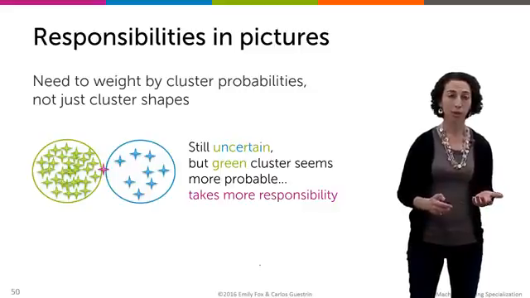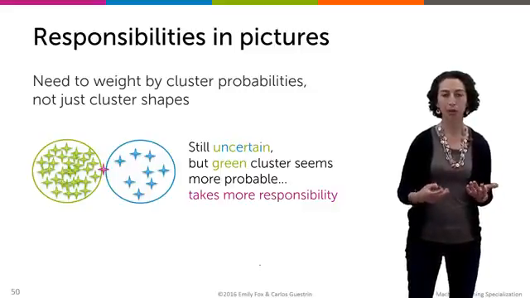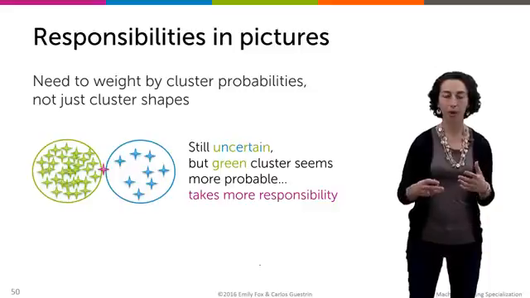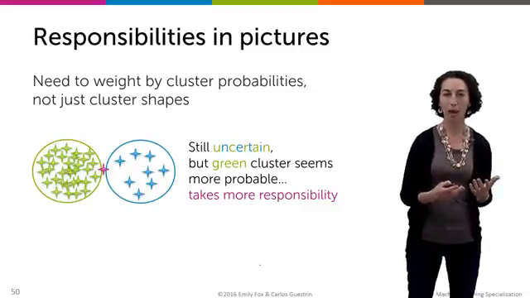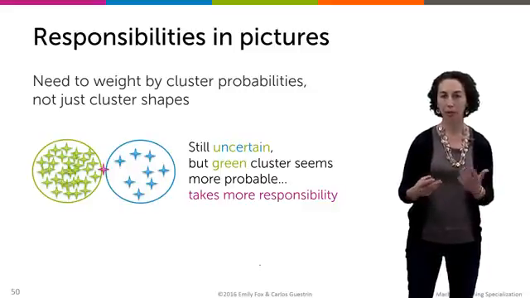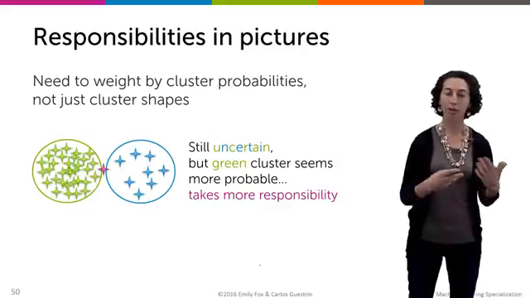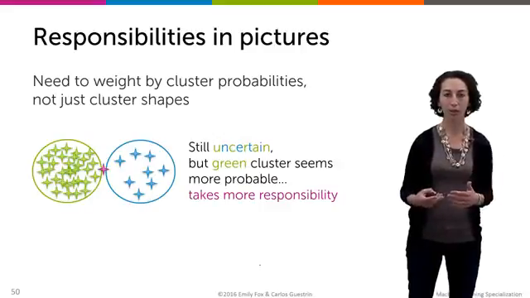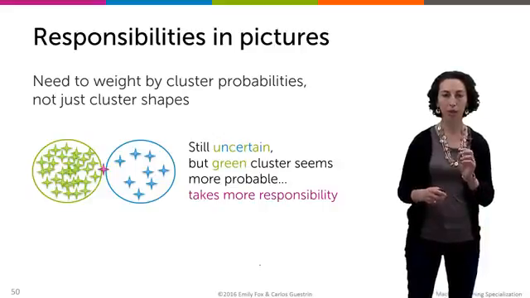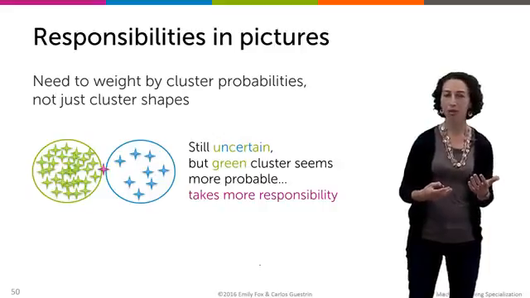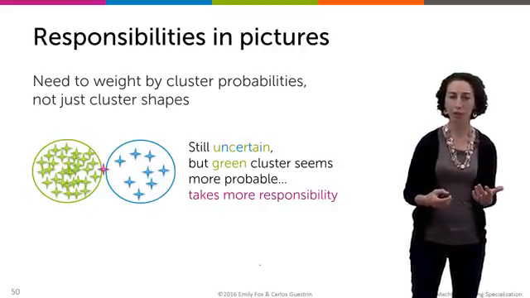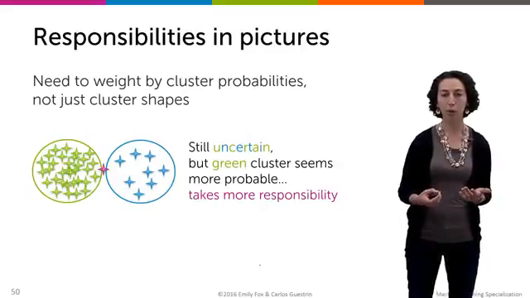But what if one cluster weighed much more heavily in the mixture model than the other cluster? For example, what if this green cluster had a lot more mass than the blue one? We see this now by the green cluster having lots and lots of data points and the blue cluster having just a few. Well, in this case, if we look at this highlighted observation that was on the boundary of the green and blue clusters, we're still, of course, uncertain about the cluster membership, but the green cluster starts to seem like a much more likely explanation for this observed point.